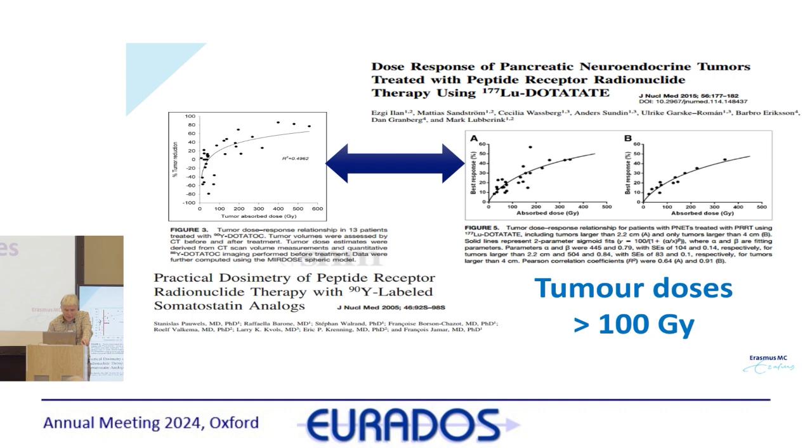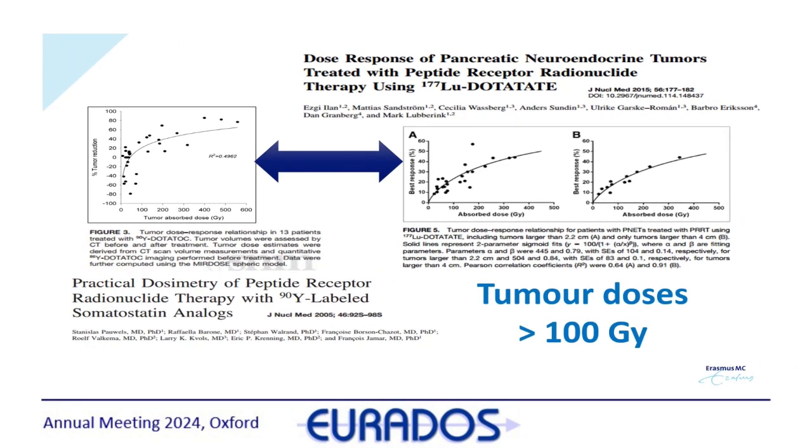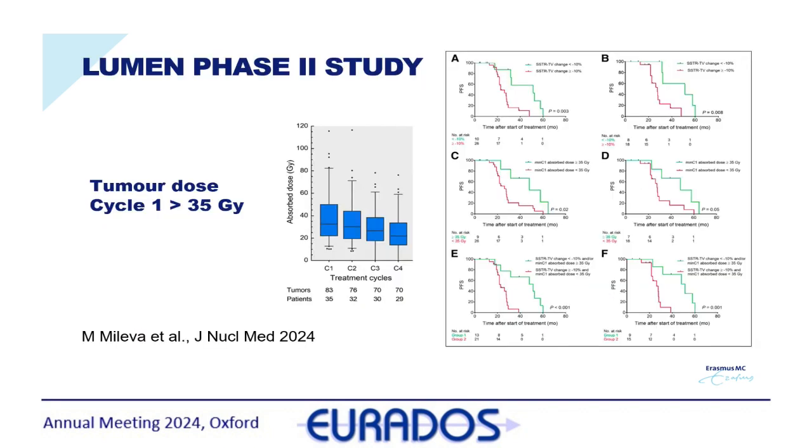Also, there is quite some evidence that with neuroendocrine tumors, we need doses above 100 gray to show a diminishing of the tumor volume after therapy. And what doses do you need to really see some success?